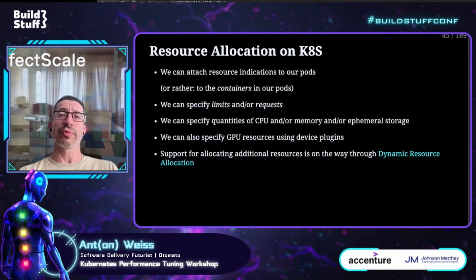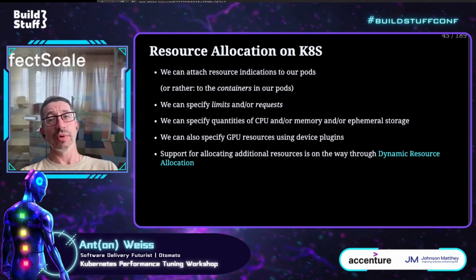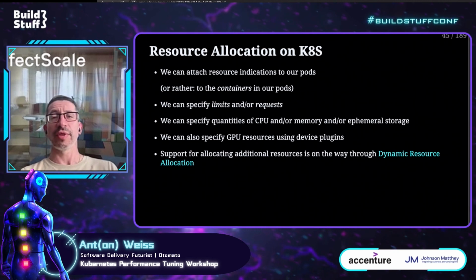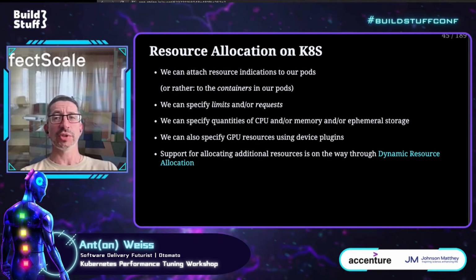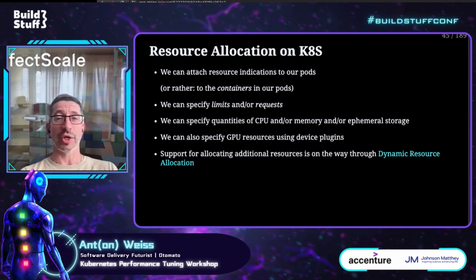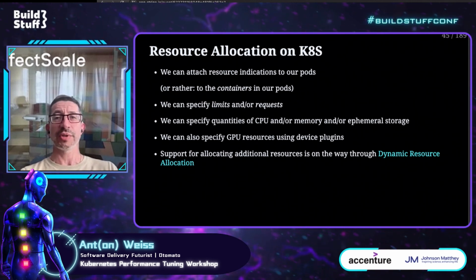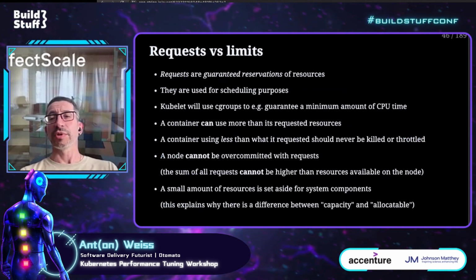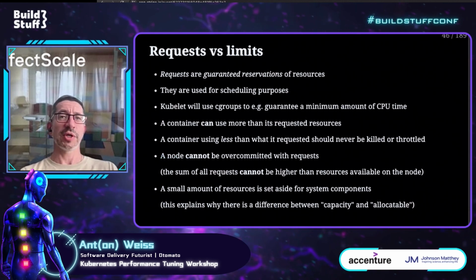And there is support for allocating additional resources, GPUs included, which is on the way through that thing called dynamic resource allocation, DRA. Not looking into that today, and it's still not anywhere near production readiness. So definitely, if you're interested, look into that in your spare time.